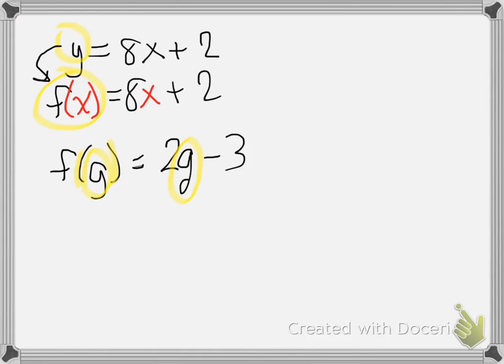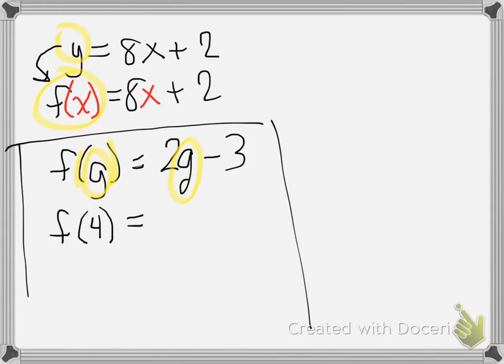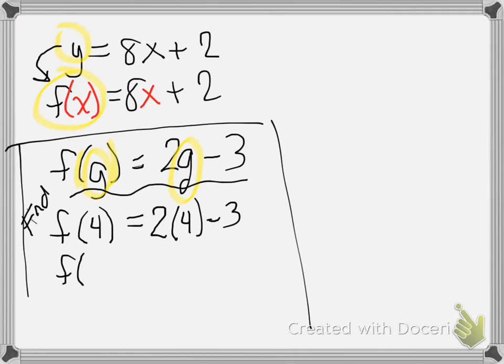So then they'll ask you things like, what is f of 4 in this equation? They'll say find f of 4, and they'll give you this function. So what you do is you replace the g with a 4. So you get f of 4, which just means if I put a 4 into the function, what happens?